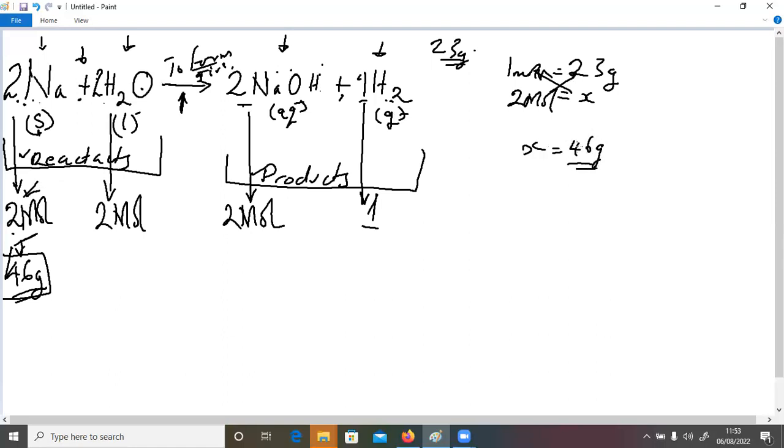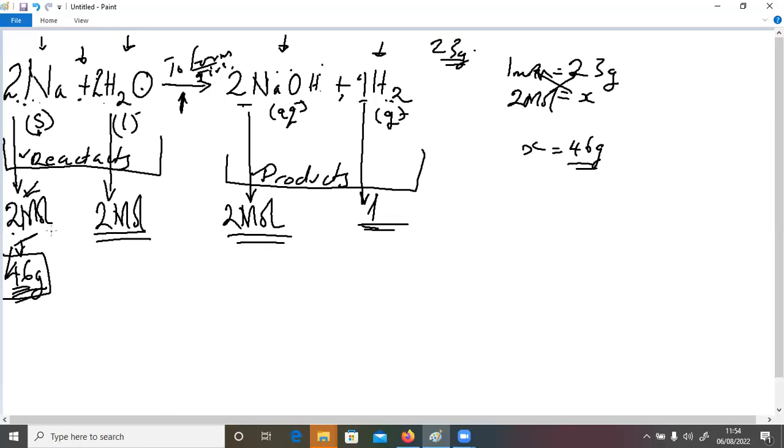This is what we have been doing previously. Okay, so this one tells me that if I start with 46 grams of sodium, I must react it with 2 moles of water, and I must always get 2 moles of sodium hydroxide and 1 mole of hydrogen.